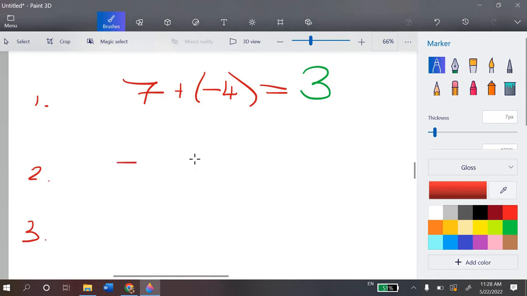Next one, negative 2 plus 6. Okay, again. So negative 2, and then we're going to plus 6. The second number is not negative, so we're going to go to the right. Okay, it's just plus like normal.